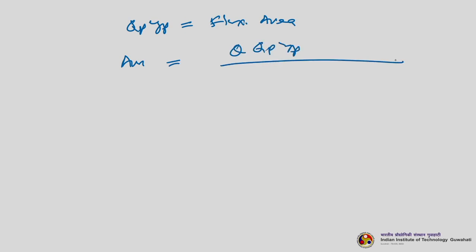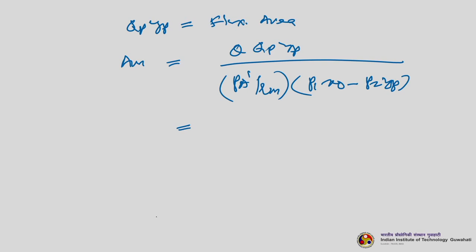We can find out this Qp Yp equals flux into area, or Am we can directly write: theta Qp Yp divided by Pa dash by Lm, where Lm is the membrane thickness, then (P1 x naught minus P2 Yp). Please substitute all these things.